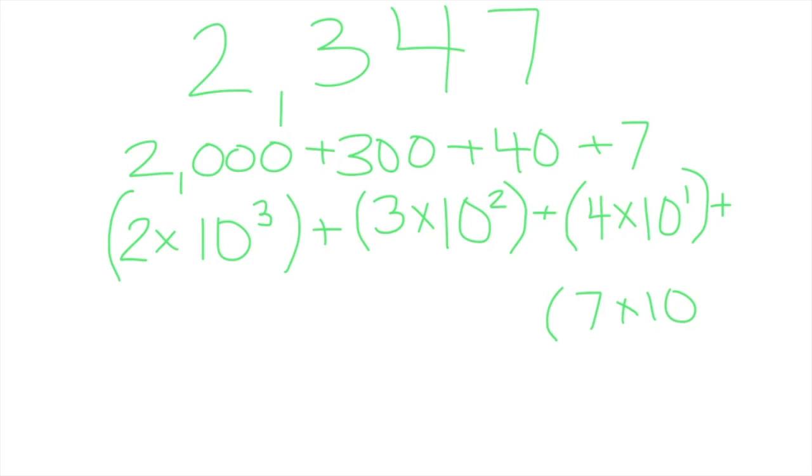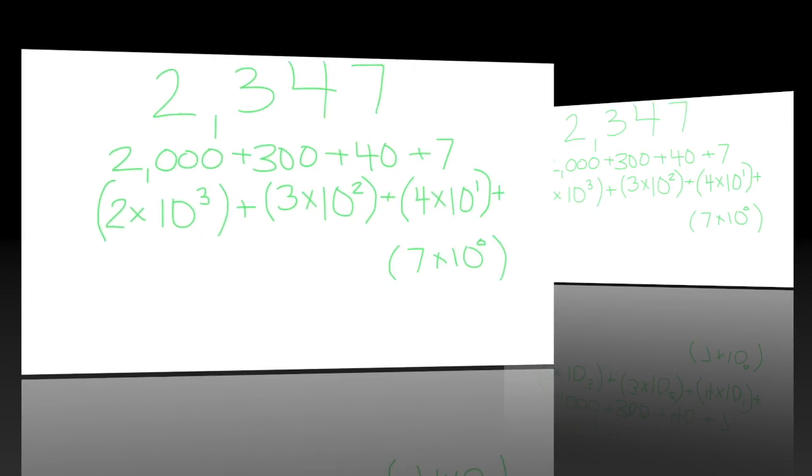So I'm going to do something that'll look kind of strange. I'm actually going to put a little 0 up here for the exponent because this will just be 7 times just 1, or 7 with no zeros. So this is the number sentence that I would write if I was trying to write 2,347 in expanded form using exponents.